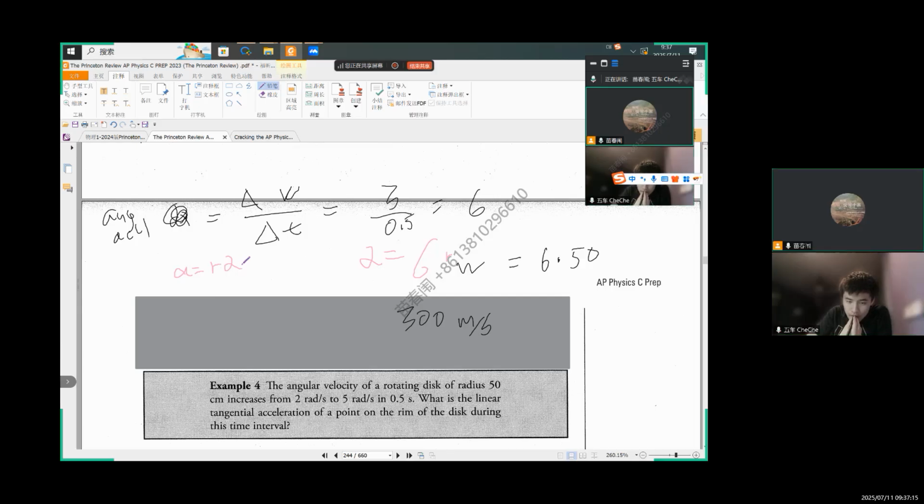Or is it centimeters? 0.5 meter probably, because it's 50 centimeter. We talk about meters probably. Oh, 0.5. Okay. So 6 times 0.5. It's 3, right? Okay, 3 meters per second squared.